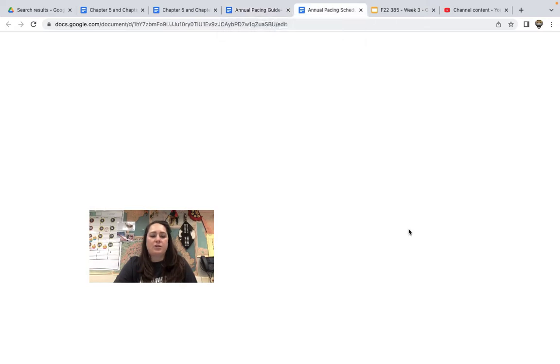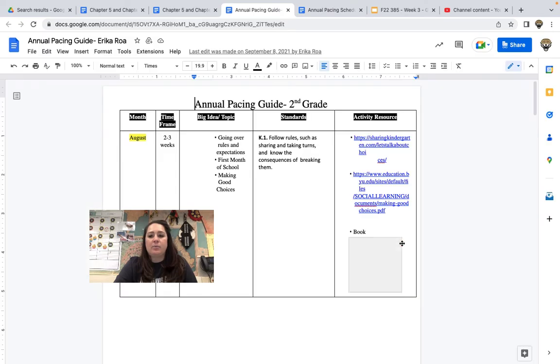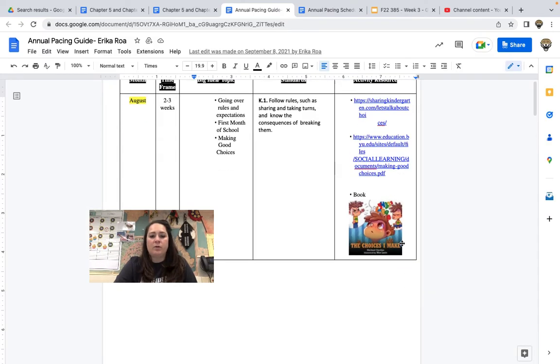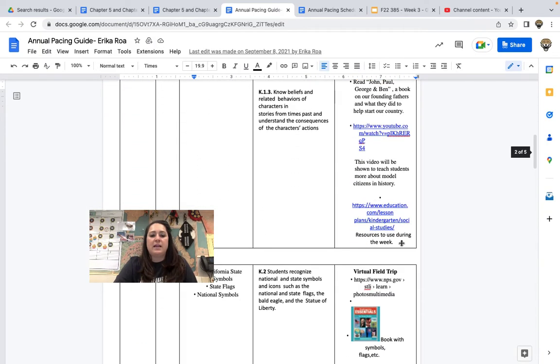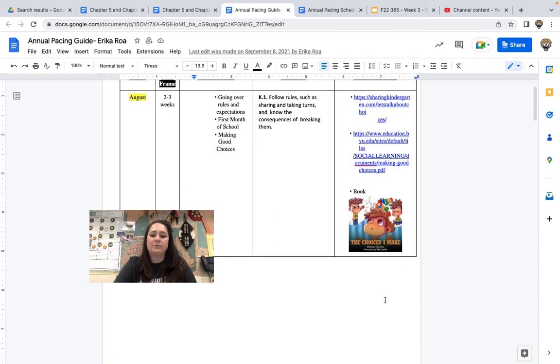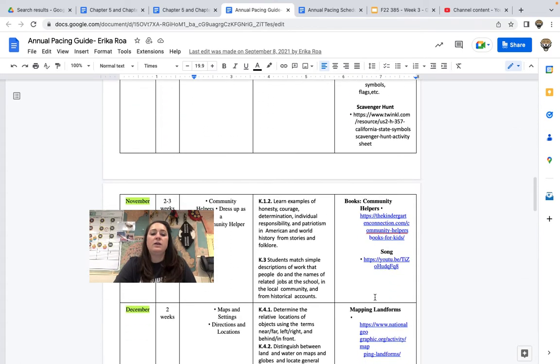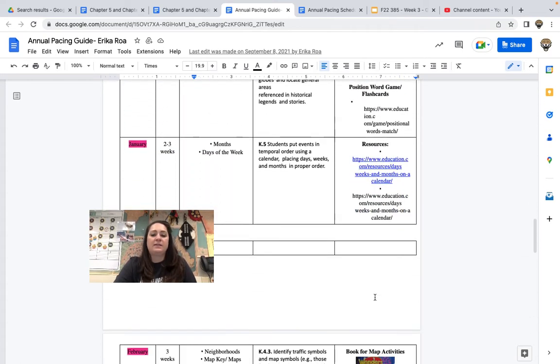These are the directions. They're also on Blackboard, but this is the more detailed version. And then this is an example, and there are two examples on Blackboard. It's a table, and you've got the time frame, the big idea, the standards, and then a couple of activities, links, resources, and literature books that you would include. It's not fancy.